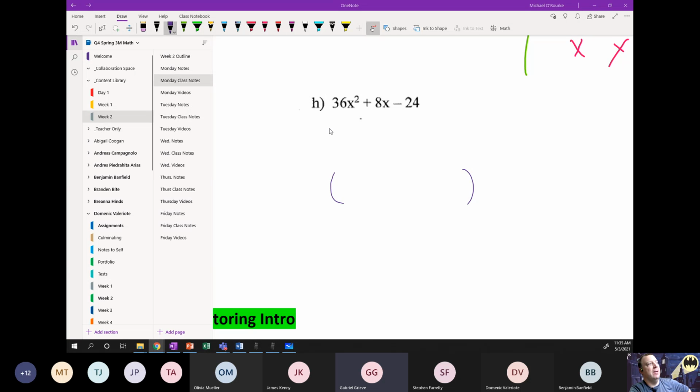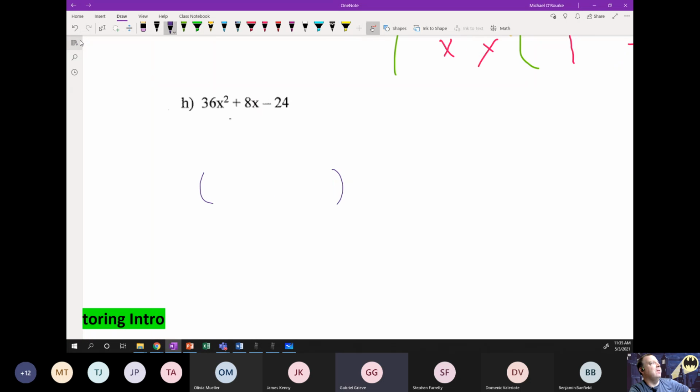Did you take out a variable in this one? Yes or no? No, actually, I didn't. I put it there. Perfect. All right, so let's run through this one. What's my common... Well, first of all, do I have a common multiple? Yes or no? Yes. And what is it? 4. Perfect.